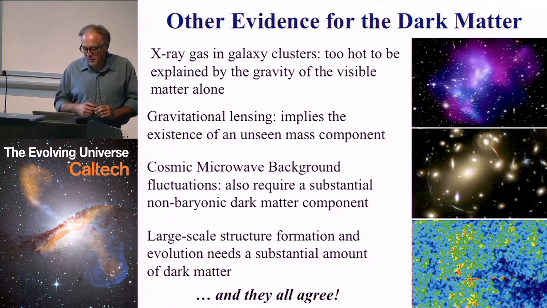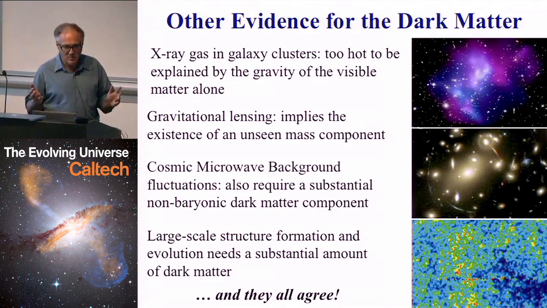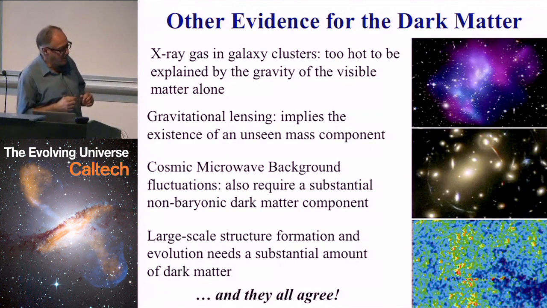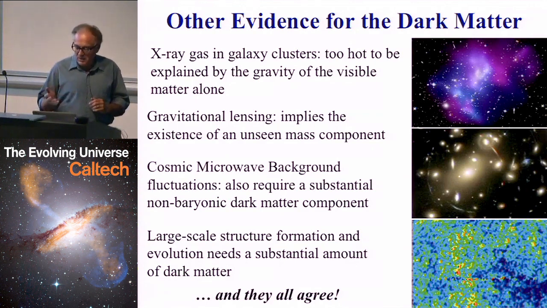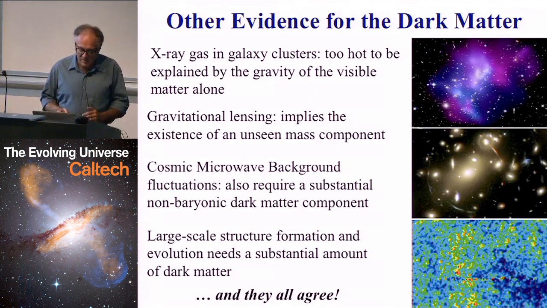But then if you look at clusters of galaxies, it turns out they're filled with hot X-ray gas, temperatures of millions or tens of millions of Kelvin. If you ask what are the kinetic energies of those protons and electrons and how much mass there has to be in order to keep the cluster together, you get, again, huge amounts of dark matter. This is actually how Fritz Zwicky first discovered dark matter, but he used galaxies as test particles, not X-ray gas.